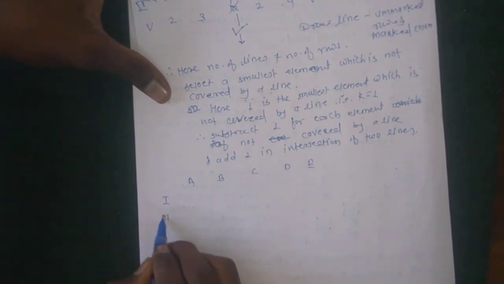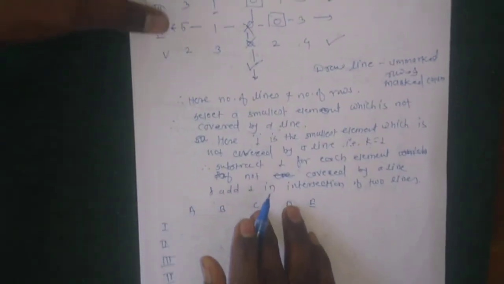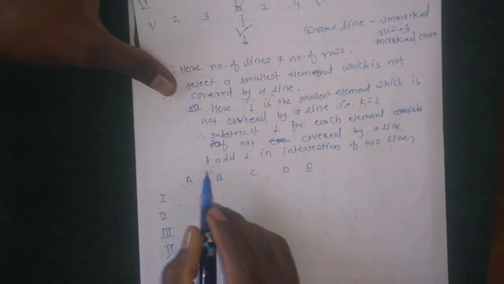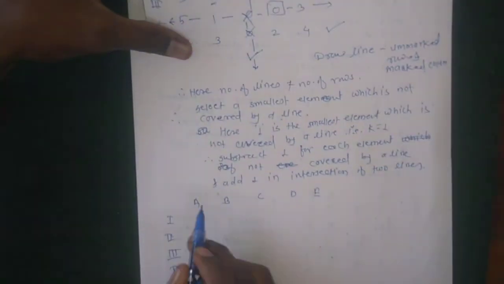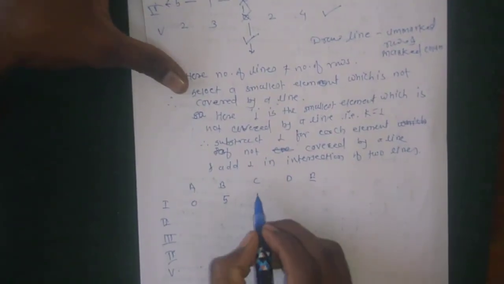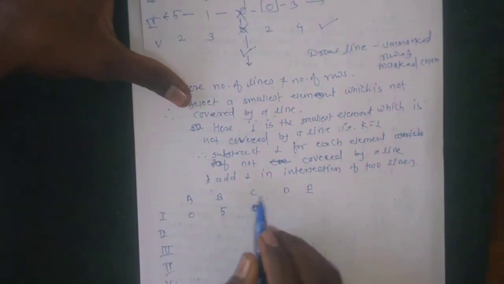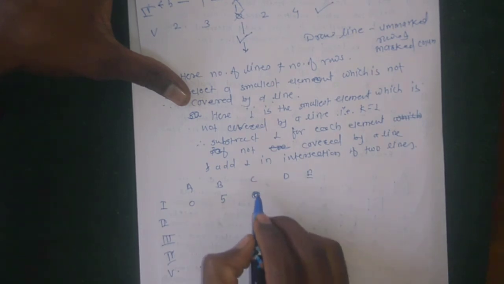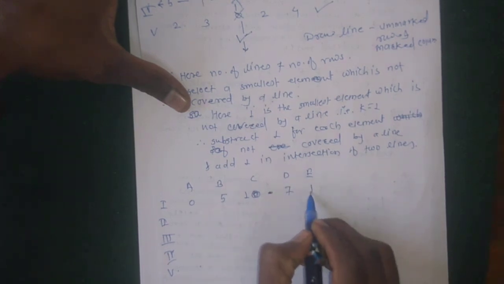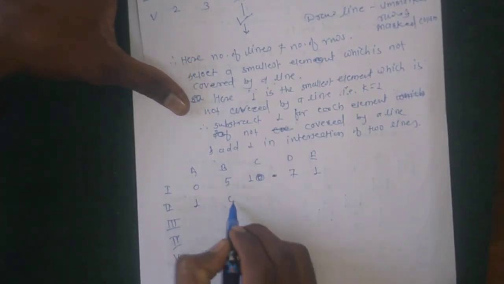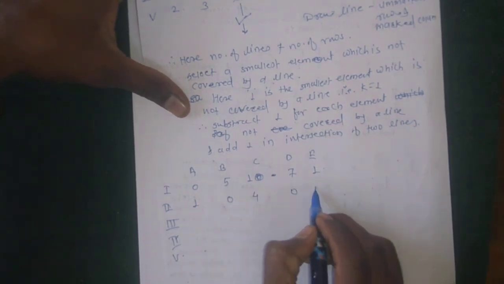Then rows first, second, third, fourth, and fifth. The first row is already covered by a line, so here 0, then 5, then 0. Here 0 in the C column is the intersection of two lines, so at the intersection we add 1. Then 7 and 1. Then the second row is 1, 0, 3; the 3 is the intersection of two lines, so add 1 to get 4, then 0, 0 as it is.